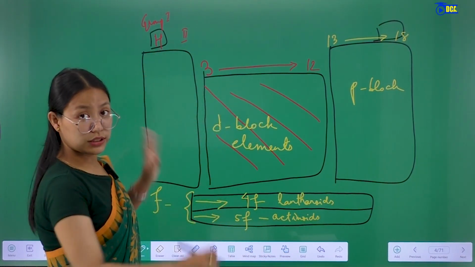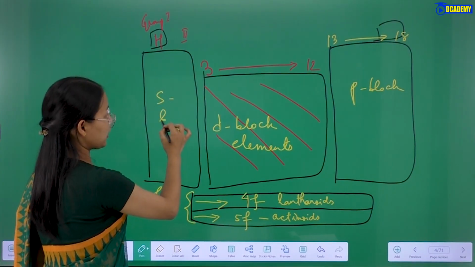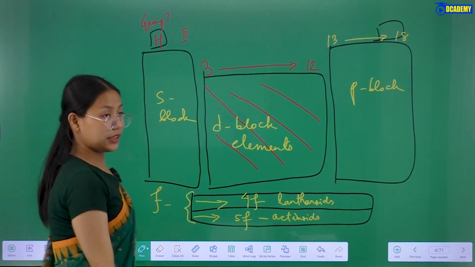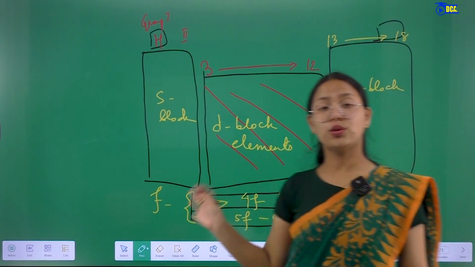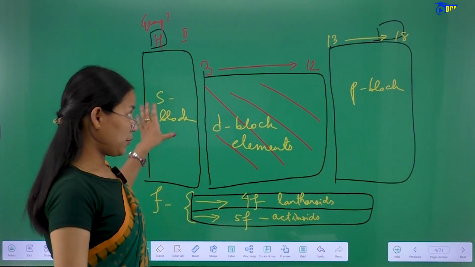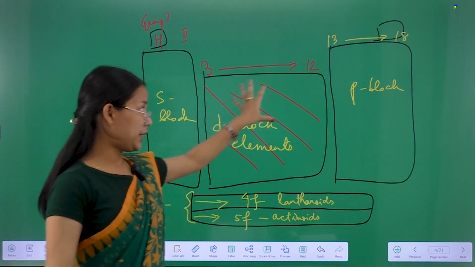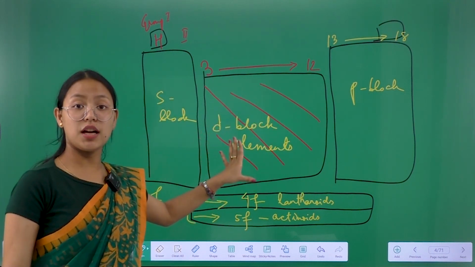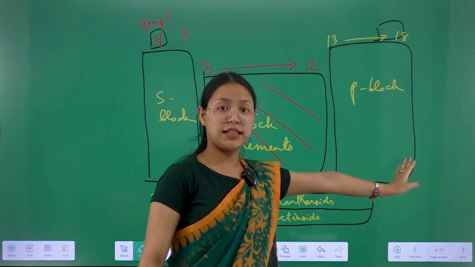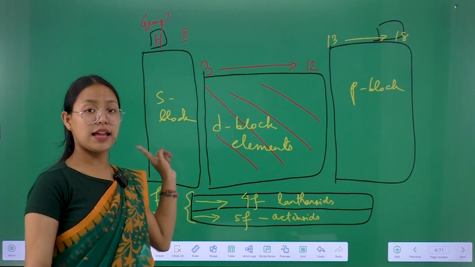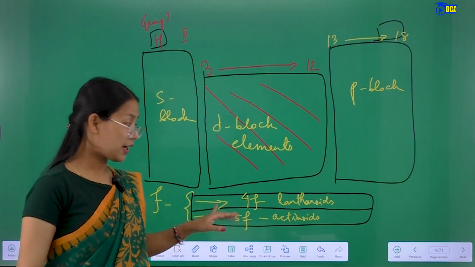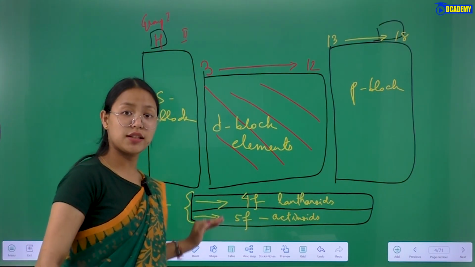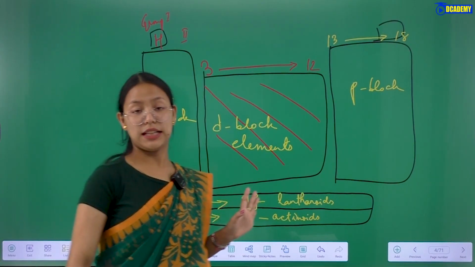Group number 1 and 2 are the S block. From this figure you come to know that the D block is in the middle, then the P block, the S block and the F block. The F block has the 4F series lanthanoids and 5F series actinoids.